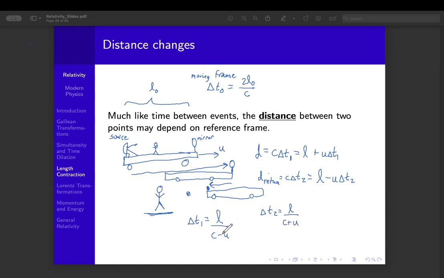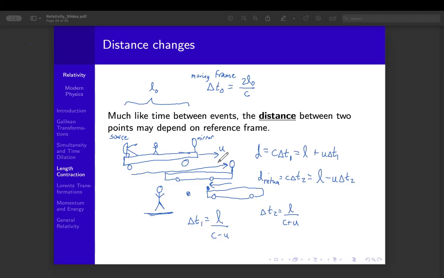And to check whether this makes sense, notice that whatever distance the light travels, or in other words, for the stationary person, how long the cart actually is, that is going to be the same in both cases here. But then you also have a denominator, and c minus U must be less than c plus U, which means that delta t1 is greater than delta t2, which makes sense.